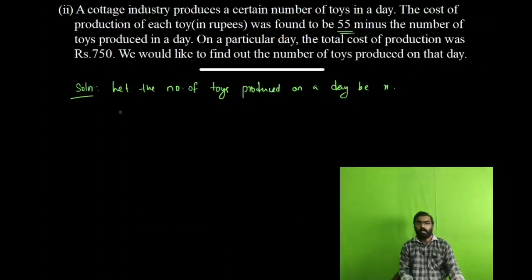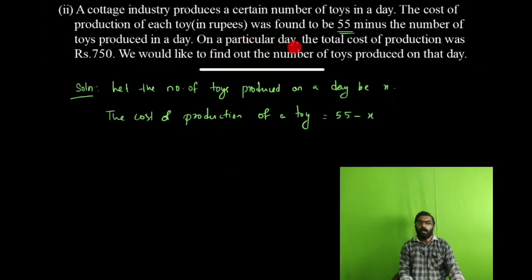So the cost of production of a toy will be equal to 55 minus the number of toys produced in a day, that is 55 minus x. Here we take the number of toys produced on a day to be x, so we write 55 minus x.